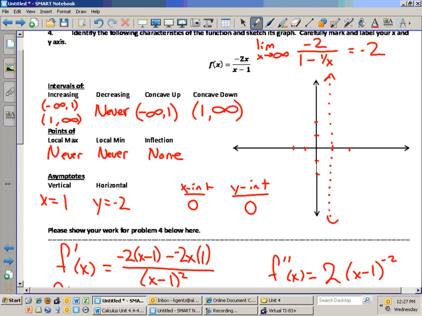And I got this horizontal asymptote at y equals negative 2. I know it has x and y intercepts at 0. Now, I don't have any other points to plot. Here's all I know.